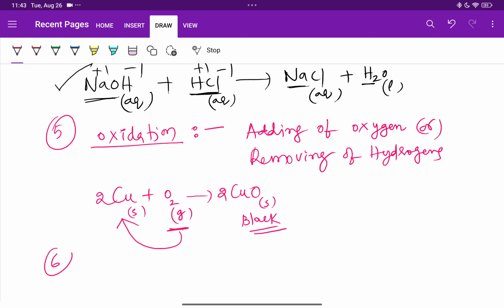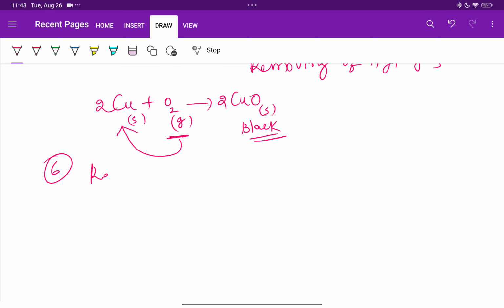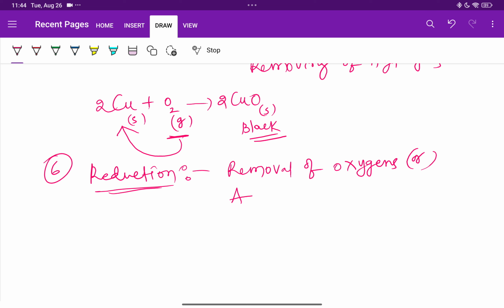And then the sixth one, reduction. Reduction means removing of oxygens, or adding of hydrogens to any element, is called reduction. Then what is the best example? I am taking here CuO, copper oxide solid, black color, and I am adding hydrogen gas to it.